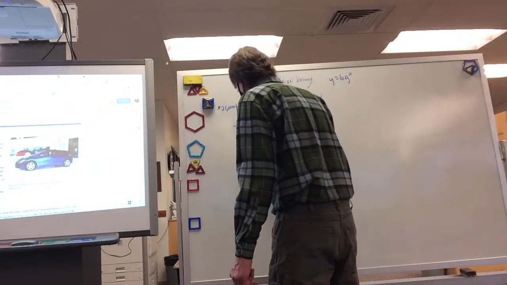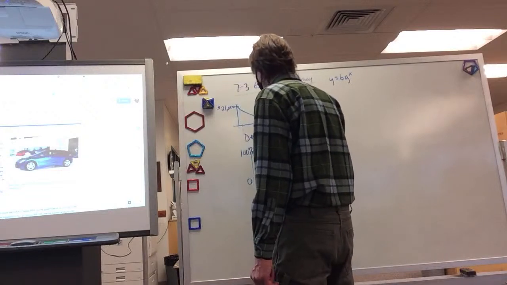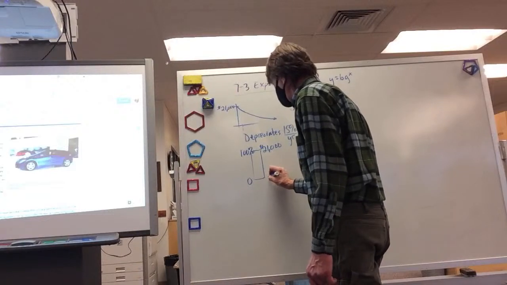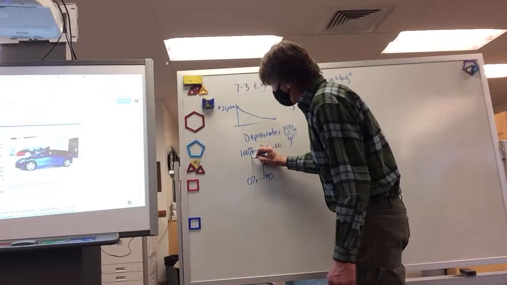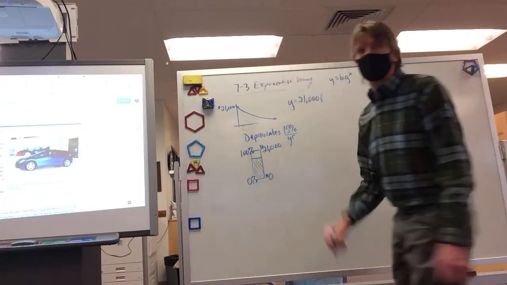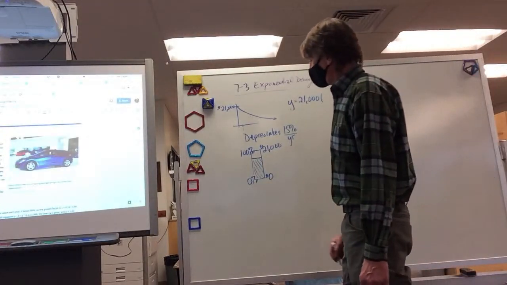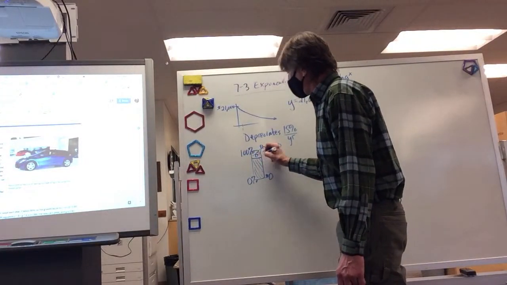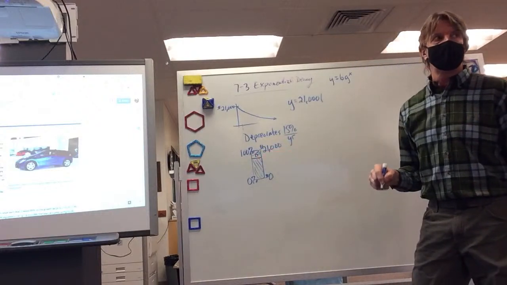So if we think of this as 100% of the car's worth, $21,000, and this is $0 at 0%, if it loses 15%, how much does it keep? If we subtract 15% from that car's worth, what percent does it keep?